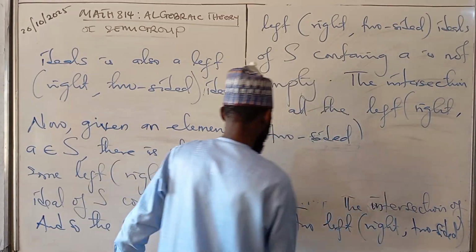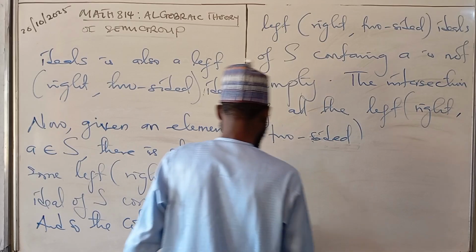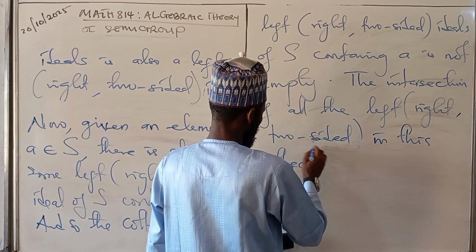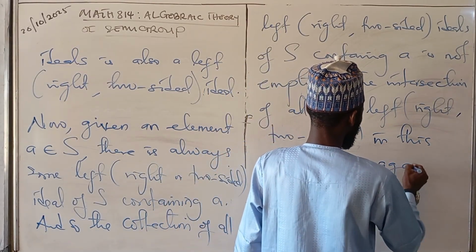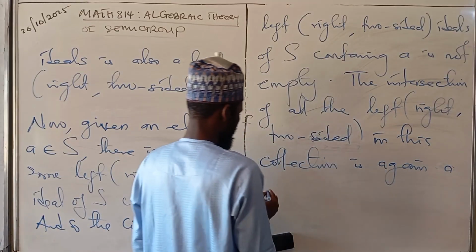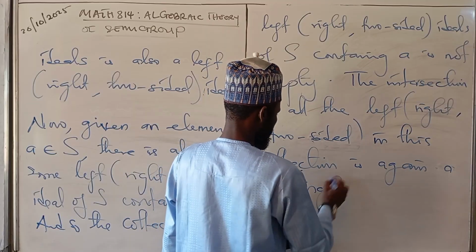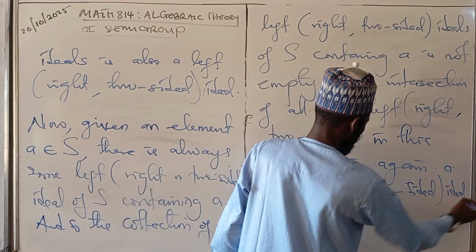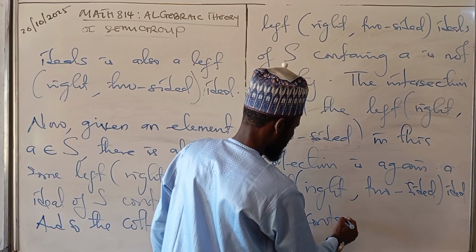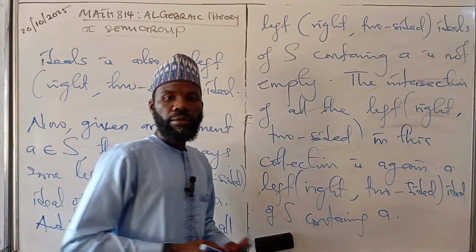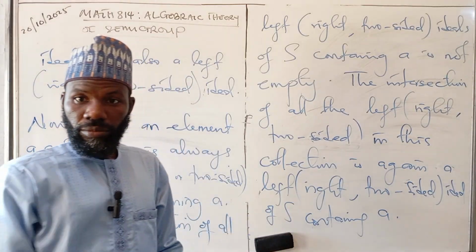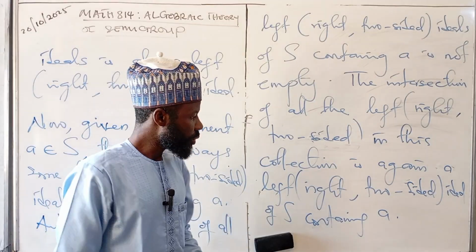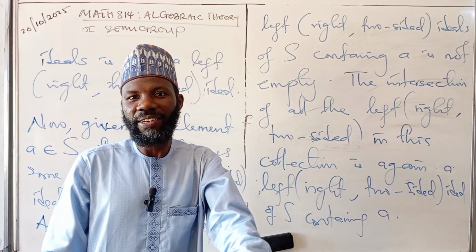So if you take the intersection of all the left or right or two-sided ideals in this collection, it is again a left, right, or two-sided ideal of S containing A. But that means it is a member of that collection, because that collection involves all the ideals of S containing A. So the intersection of all the members is also present there.